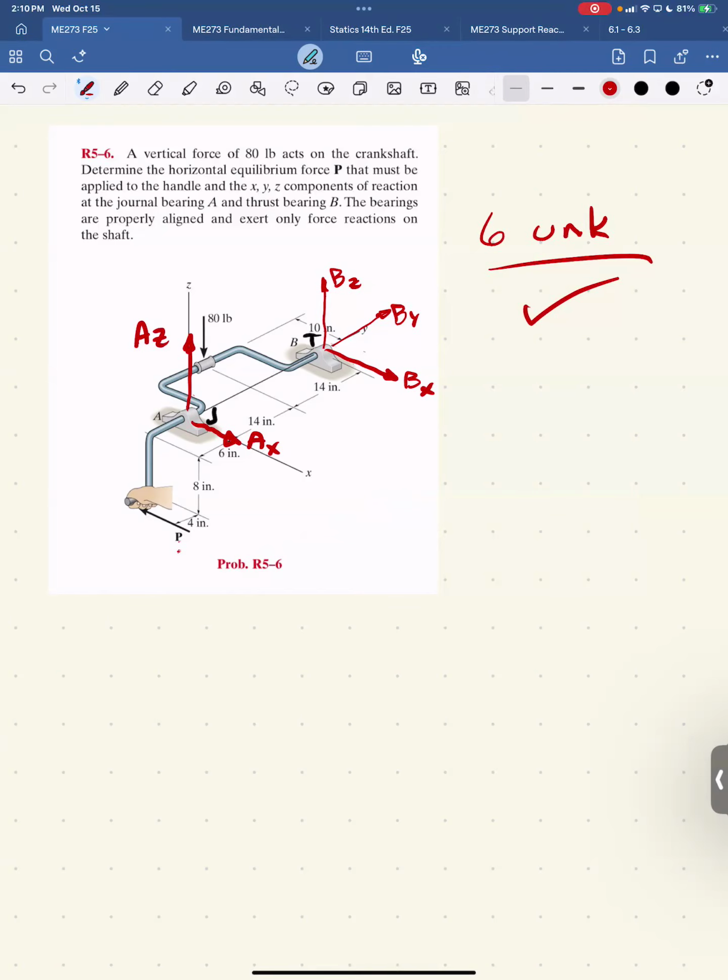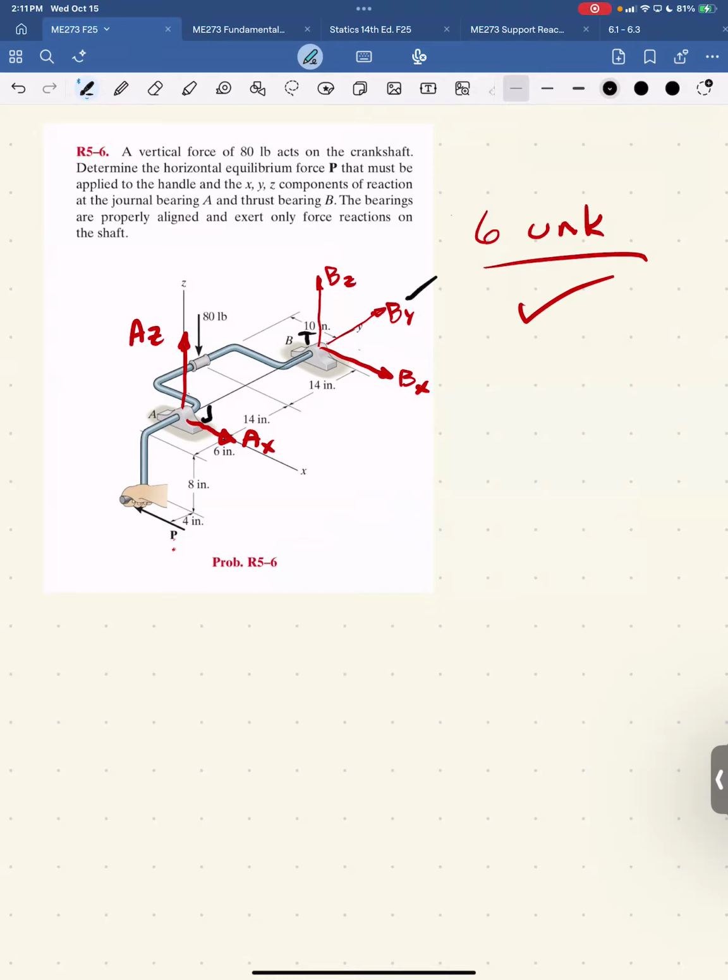All right, so we're ready to move. We've got a coordinate system, we've got a free body diagram, and we've counted our unknowns. Now we're going to choose an axis about which there are the fewest unknowns. We're going to look at the y direction first because there's only one unknown, By. Sum of forces in y, so By is 0.